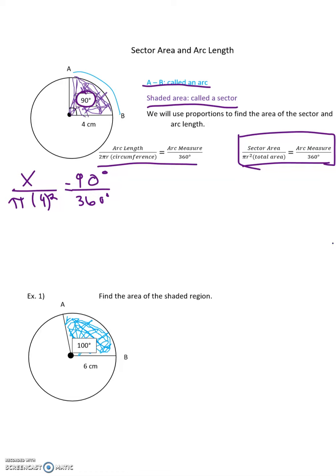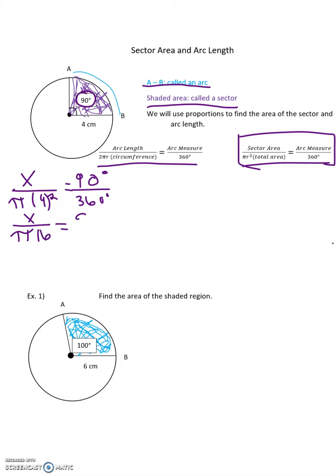Okay. So then, simplify it a little bit, we have x over pi times 16 equals 90 degrees over 360 degrees. And then for solving, I like to cross multiply. We're not going to worry about the pi for right now, so we're going to do 90 times 16, which is 1,440 pi. I'm not going to multiply the pi out, but I'm still going to leave the pi there because it's still an important part of the problem.